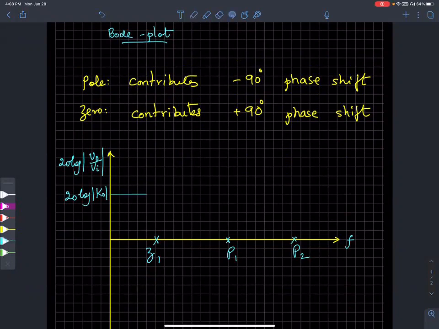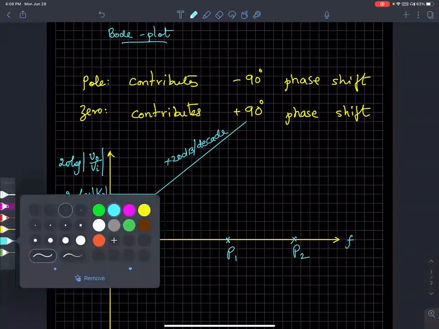So when you're plotting your magnitude response, a zero always raises, and it continues to raise the magnitude at 20 dB per decade. When you hit the zero frequency, your magnitude begins to increase at 20 dB per decade, and you continue along the y-axis with that.